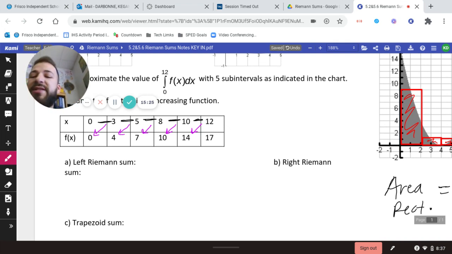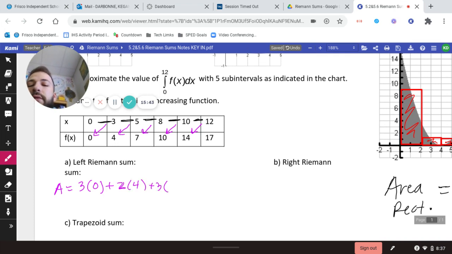So my left Riemann sum's area is equal to, and it's just a rectangle, so we just go across. So 3 for the distance between 0 and 3 times 0 plus 2 for the distance between 3 and 5 times 4. And then I just repeat the process. So 3 times 7, 2 times 10, and 2 times 14.